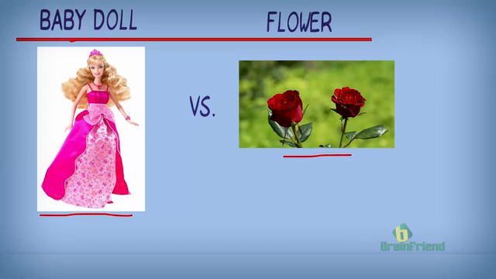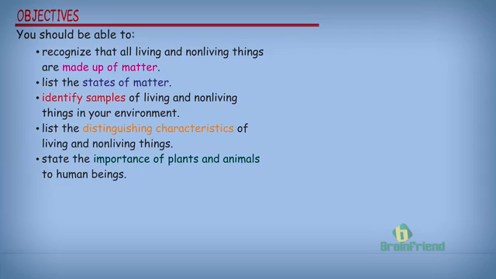Let's look at this plant. Is it living? At the end of today's class, you should be able to tell which of the two is a living thing. We should be able to recognize that all living things are made of matter. We should also be able to give the states of matter.